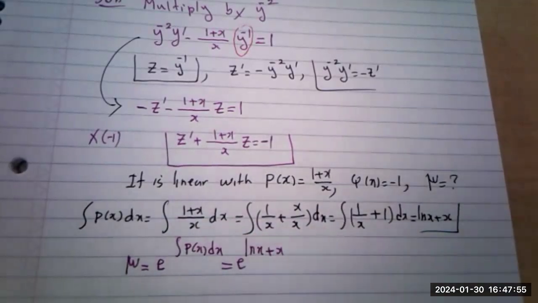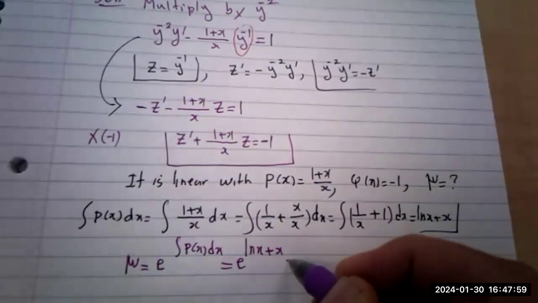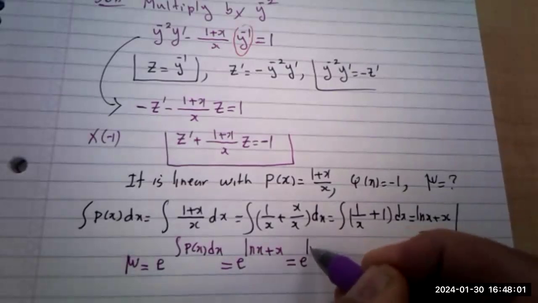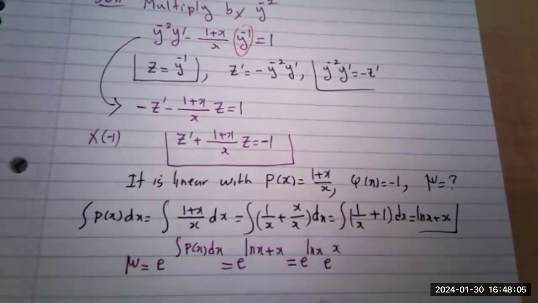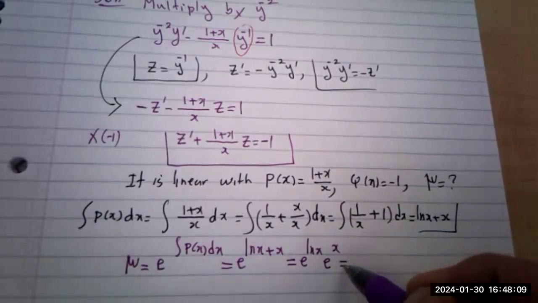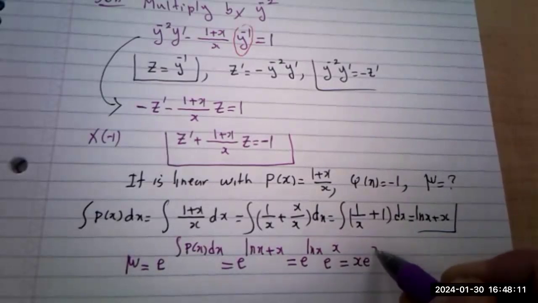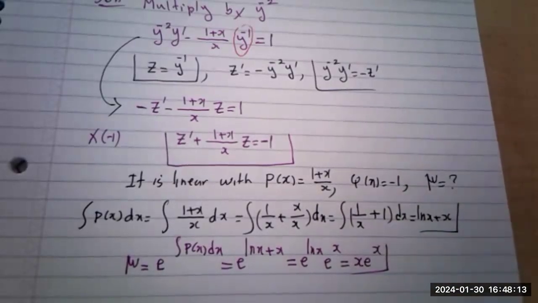Again, we break it into e to the ln x times e to the x. But e to the ln x is x. So that gives you x e to the x. That would be our integrating factor. This comes up in different places, even in the future, something like 1 over x plus x.